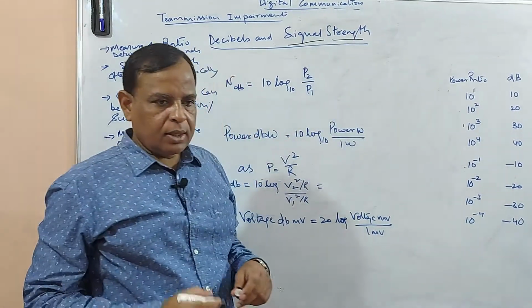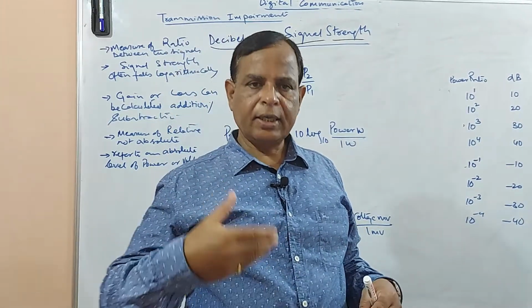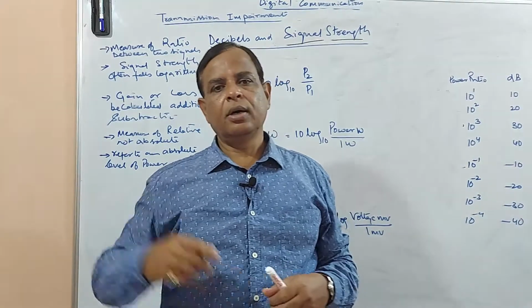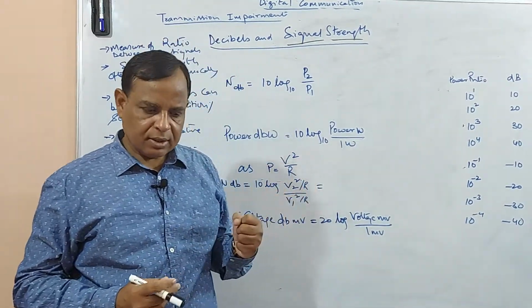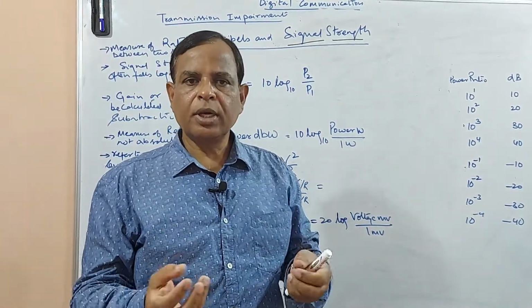We already know that a signal has a strength, because when any signal is transmitted, it has to pass through the transmission medium and reach the receiver. This signal strength, from time to time, suffers a loss.